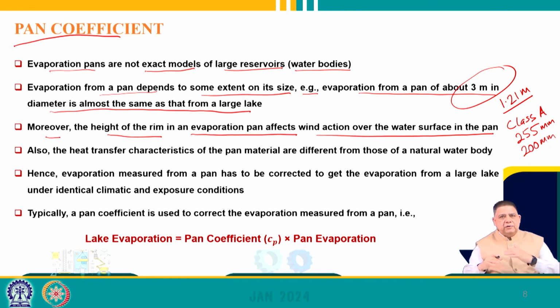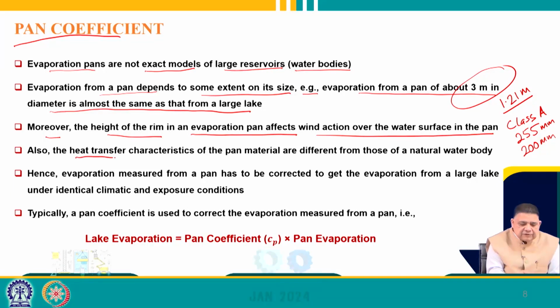Obviously, if it is an open water surface or large water body, then wind will be moving just touching the water plane. But in this case, because of the rim, there is a gap between the wind movement and the water level. So, the height of the rim also affects the pan evaporation value.